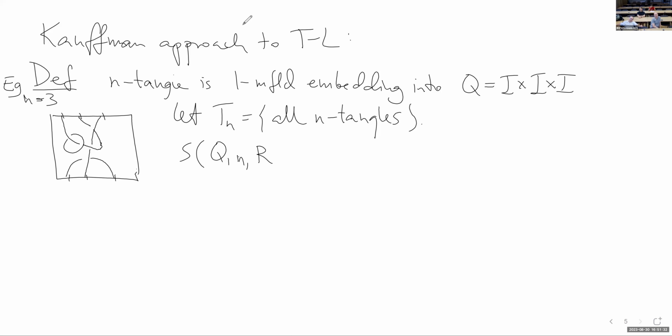I'm going to use R as well, because it also depends on R and A. It's just again a formal linear space with basis given by T_n, quotiented by the Kauffman bracket skein relations.